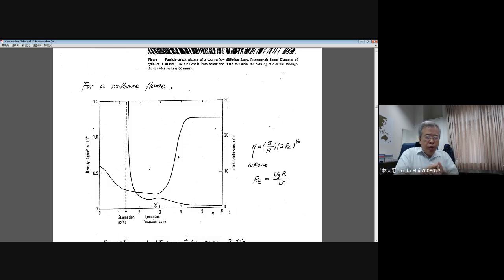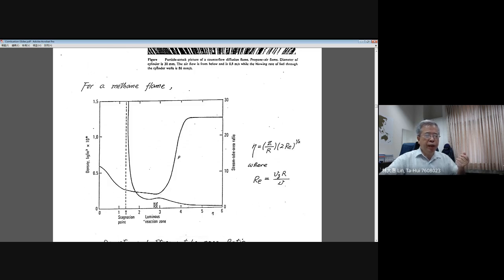You can see the strain tube is very small, and if you choose one small strain tube, its cross-section area will remain almost constant until the flow moves very close to the flame.